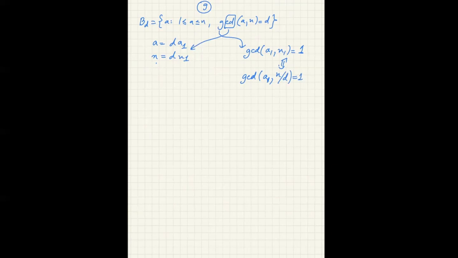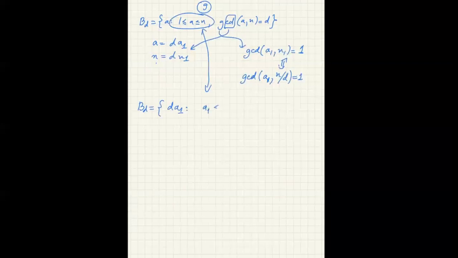Okay, so if we rewrite B_D, it's counting A, but A is of the form D times A_1. Now, over there we had A between 1 and N, and that becomes what in terms of A_1?